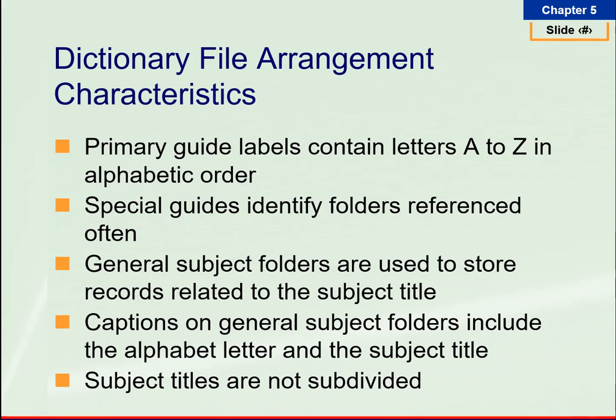Special guides identify folders referenced often. General subject folders are used to store records related to the subject title. And the captions on general subject folders include the alphabetic letter and the subject title. Okay, so this is an example.